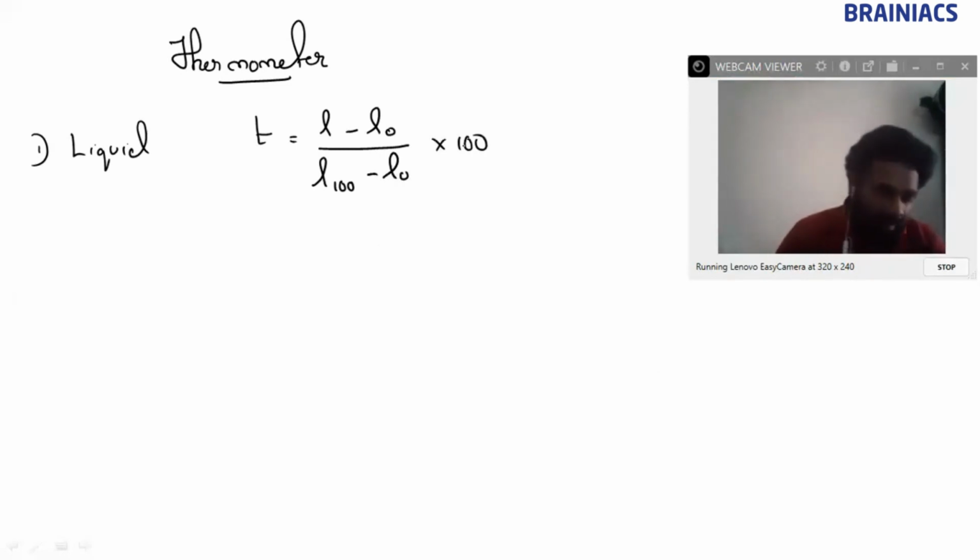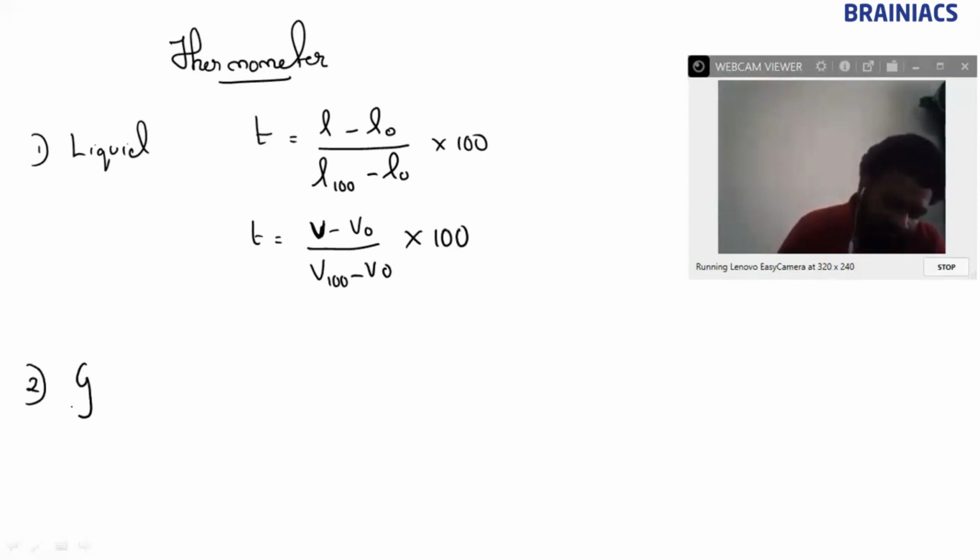This is for liquid. It can also be done this way: V minus V naught, the volume at that particular temperature minus the volume at 0 degrees Celsius, divided by V100 minus V naught, into 100. This could also be the case.